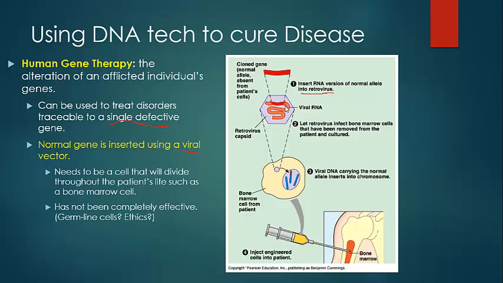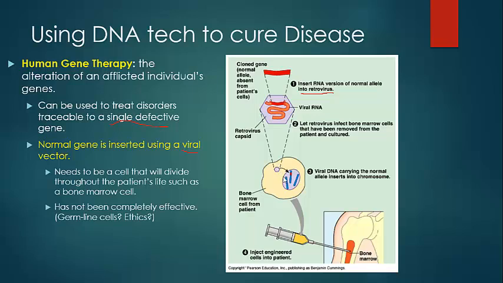We then extract cells from that individual. We don't just extract any cell, we need to extract adult stem cells. Adult cells that are going to continue to divide throughout that individual's lifetime. Usually these adult stem cells are extracted from the individual's bone marrow inside of the bones. So some of these cells are extracted, and then the retrovirus is then given to the cell.